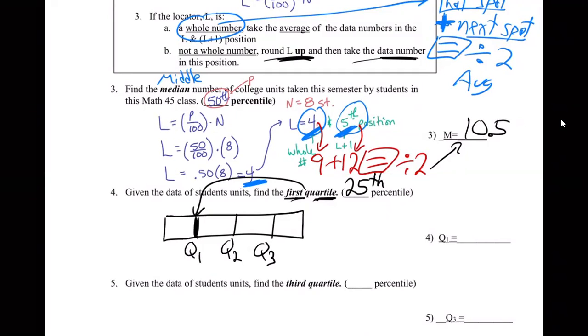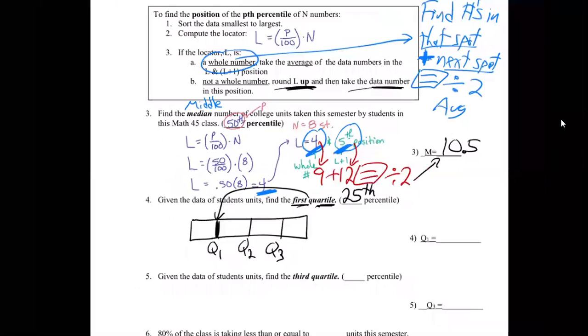We good so far? If somebody asks you to find the first quartile, that's what we're being asked here. They're saying find the end of the first quarter, which is 25.